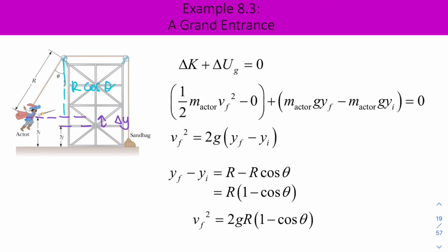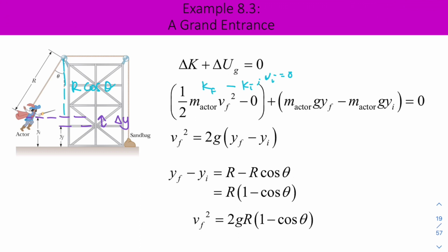So in terms of the actor, half m v final squared is K final. This is our K final minus K initial. Our K initial is 0, because v initial of the actor is 0.